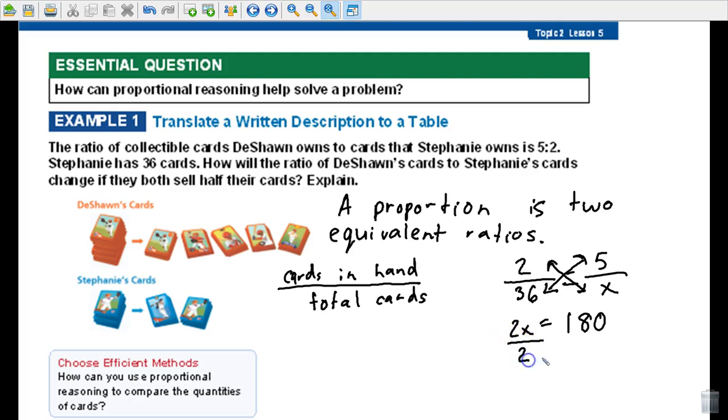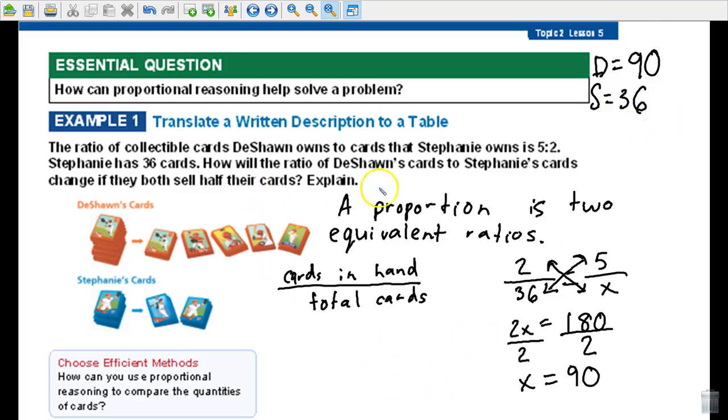So I'm going to divide by 2, and whatever I do to one side, I must do to the other to keep it equal. So I divide 180 by 2, so x equals 180 divided by 2. 18 divided by 2 is 9, and then 2 goes into 0 zero times. So it is 90. So D for Deshaun has 90 cards, and S for Stephanie has 36 cards.